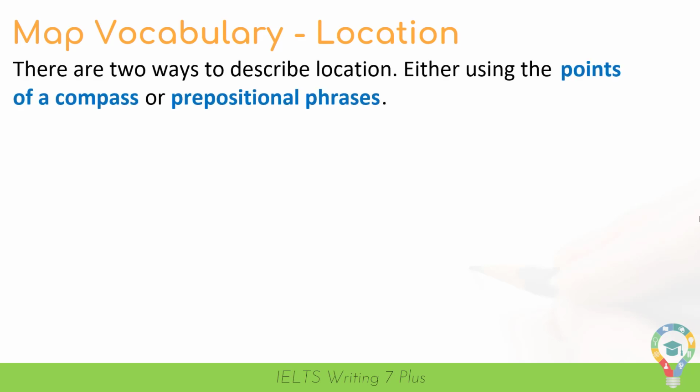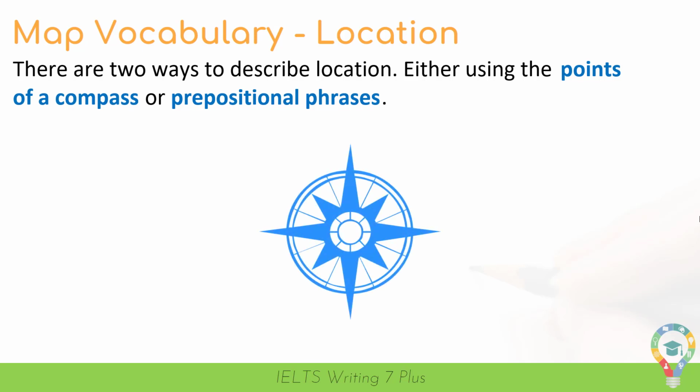So there are two ways to describe location, either using the points from a compass or using prepositional phrases. And we're going to look at some examples from both. So here we have a standard 8-point compass, beginning with north, east, south, and west.